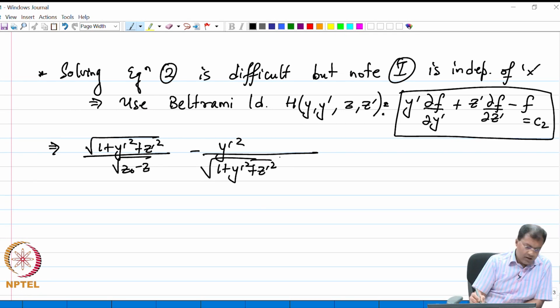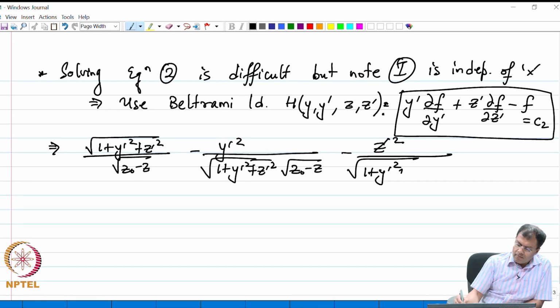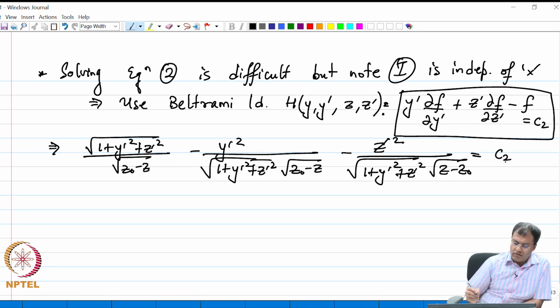We get a huge expression which we eventually simplify. This is also equal to the constant C2.